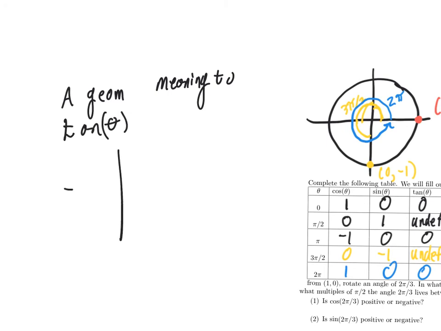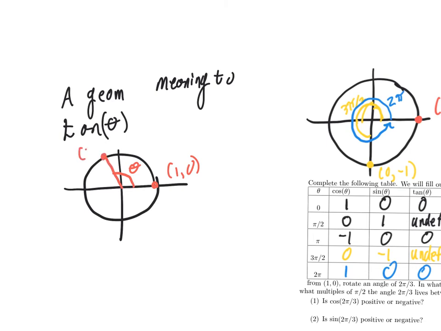So let's draw our coordinate axes. There's the unit circle. We'll start at the point 1, 0. Let's rotate forward by some angle theta. I don't know how big the angle is, so I can't draw necessarily an honest picture, but there it is. You land at some point x, y. So let's focus in on this line. What's the slope of that line?